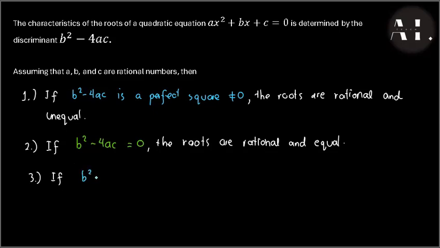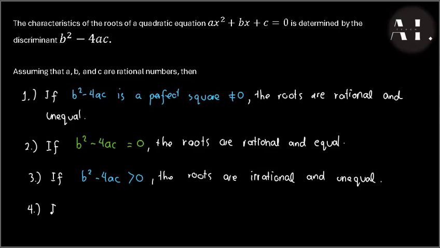But if b squared minus 4ac is greater than 0 but not a perfect square, the roots are irrational and unequal. Lastly, if b squared minus 4ac is less than 0, the roots are said to be imaginary.